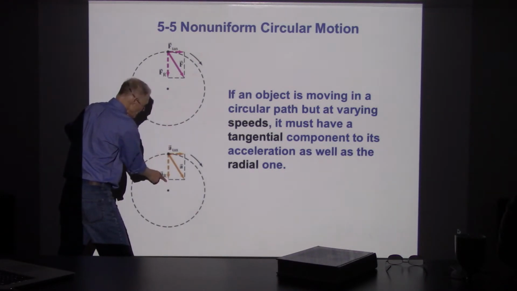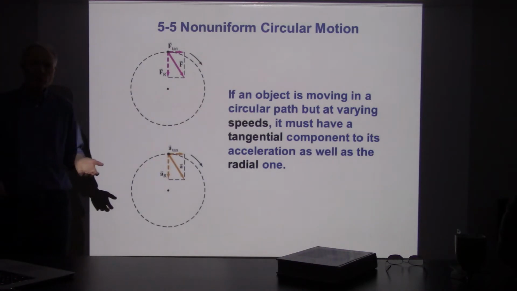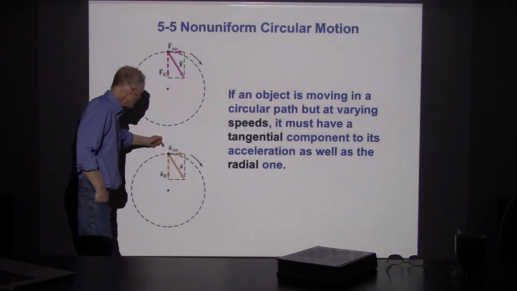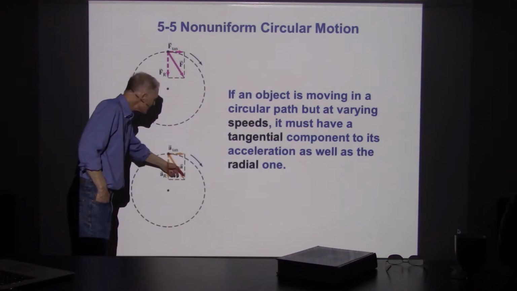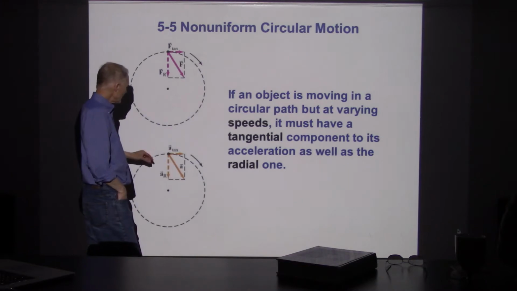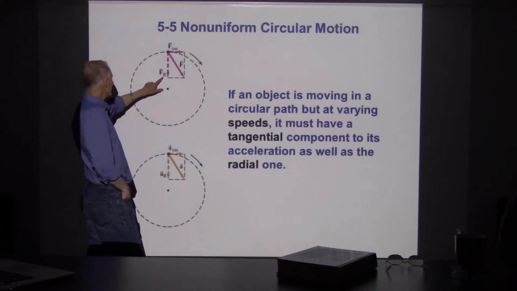In any case, we've got two components: a radial component and a tangential component, and they're at 90 degrees to each other if it's a circle. And so that means that we can combine them just using the Pythagorean theorem, and we can figure out what the total acceleration is, and that's kind of interesting to look at. But the bottom line is, in order to have a radial acceleration, I'm going to need some kind of a force in the radial direction.